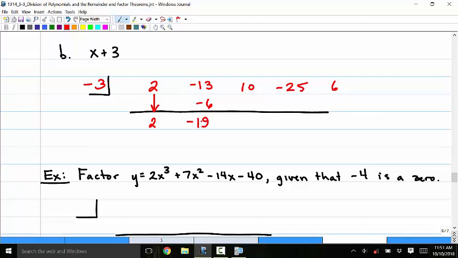Negative 19 times negative 3 is 57. 67 times negative 3 is negative 201. Negative 226 times negative 3 is 678. My remainder is 684. Is x plus 3 a factor of that polynomial? No.